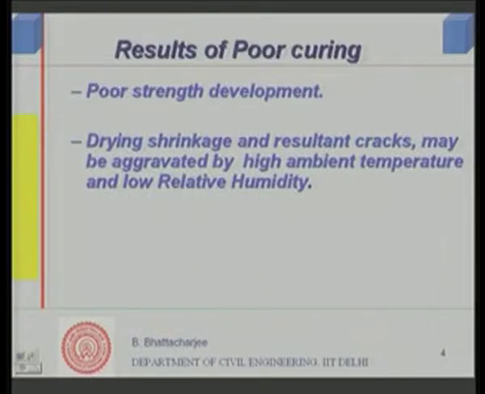Since the surface dries, maybe the inner core of the concrete specimen may not dry so much. So, there can be differential shrinkage, top shrinks more, bottom does not shrink so much, resulting in formation of cracks at the surface. So, drying shrinkage cracks can come if you have allowed the top surface to dry rapidly, and to prevent that, again we do the curing or replenish the water at the surface, especially in the early age.